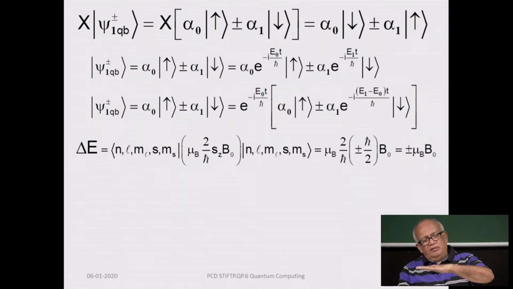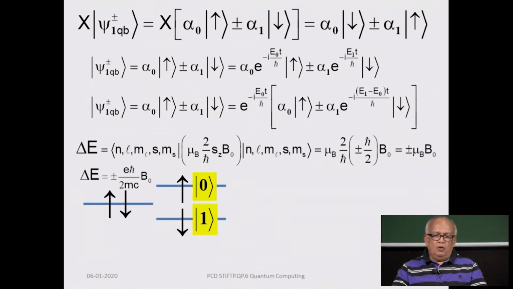So one level, whatever be its energy before you apply the magnetic field, one of the two states will get an energy which is above this and the other less than this, and the difference between them will be twice this amount. Okay? So that is what you have got.